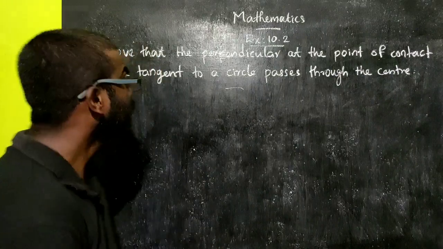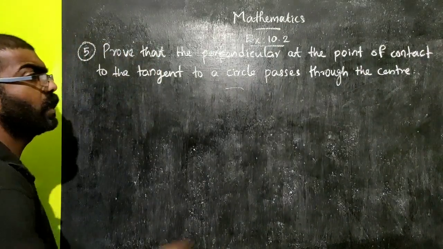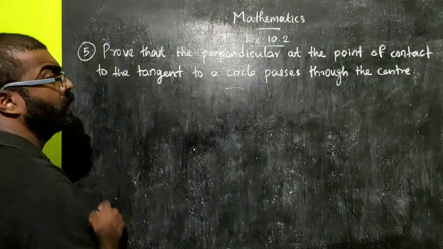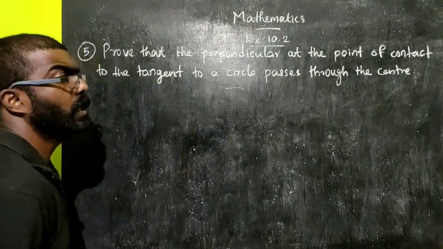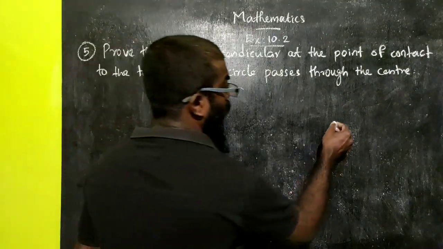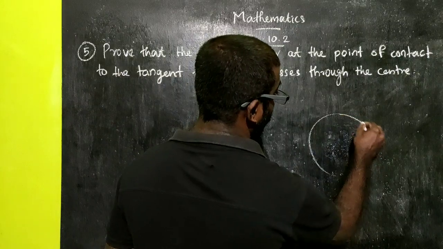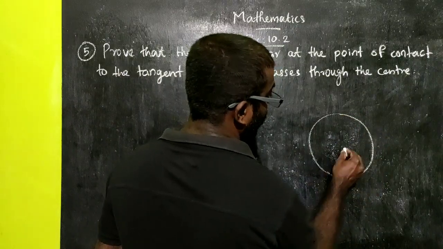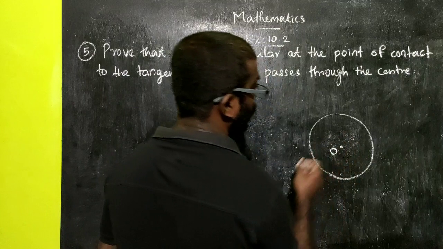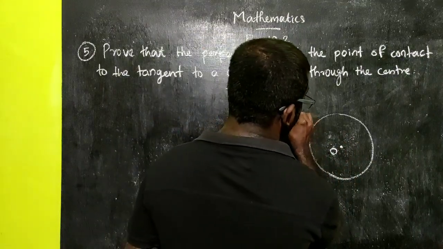Now the next one is prove that the perpendicular at the point of contact to the tangent to a circle passes through the center. Okay. So we can draw a circle with the center O, and we can draw a tangent.